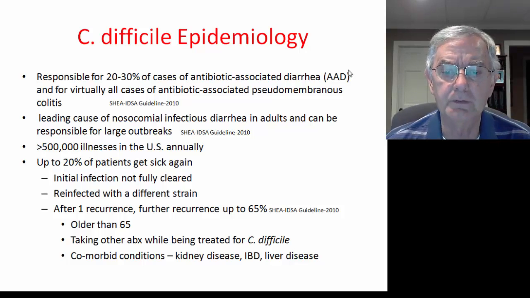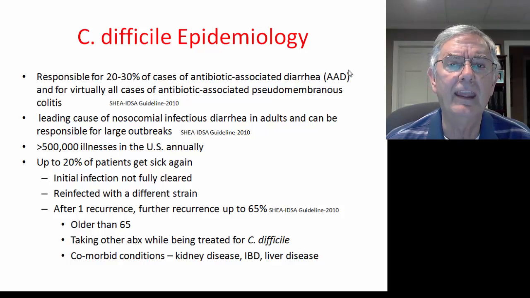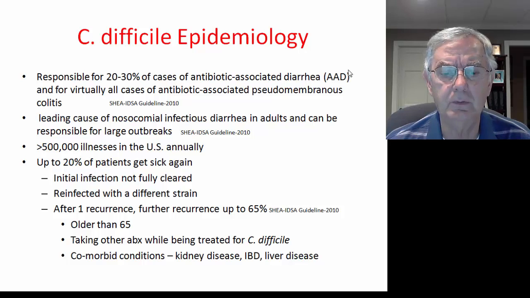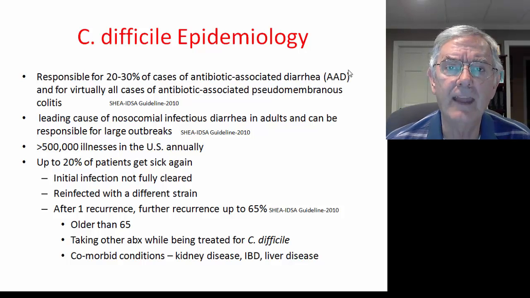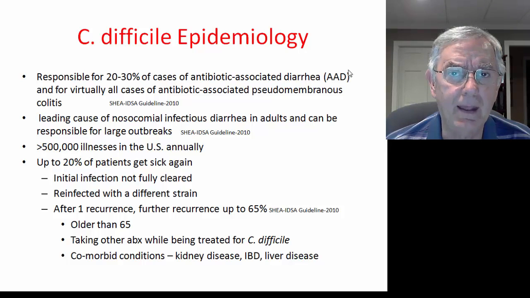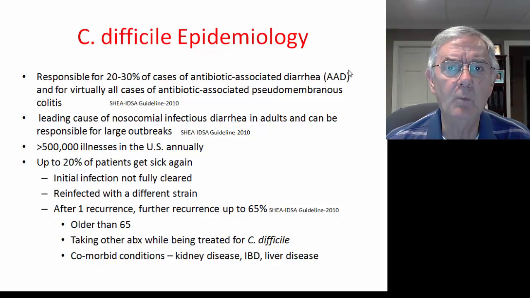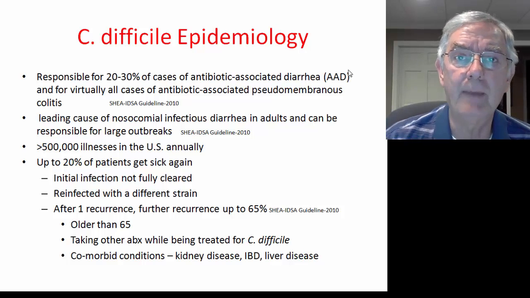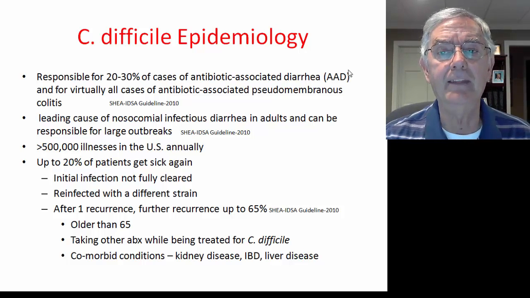After one recurrence, further recurrence may appear up to 65% of the time, particularly in patients older than 65 years old, those that are taking other antibiotics while being treated for Clostridium difficile, and those that exhibit comorbid conditions such as kidney disease, inflammatory bowel disease, and liver disease.